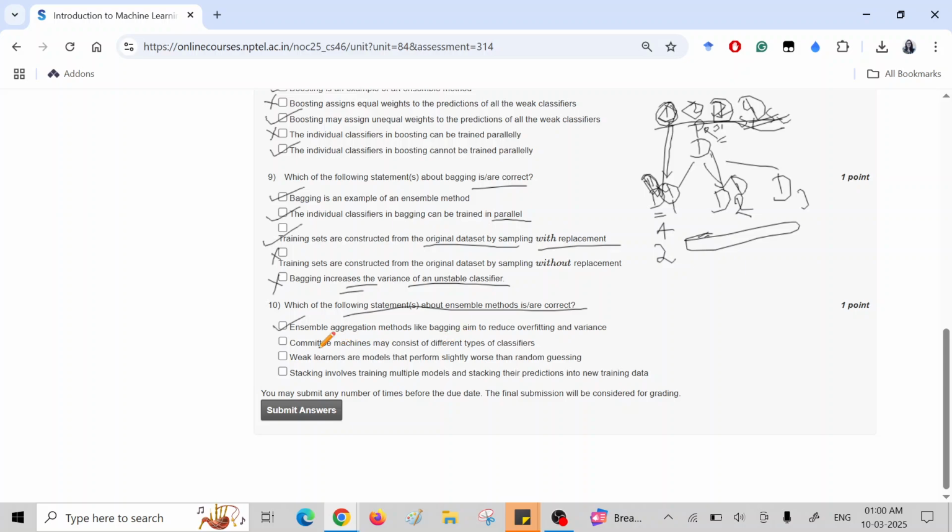So the option number B is correct as well.